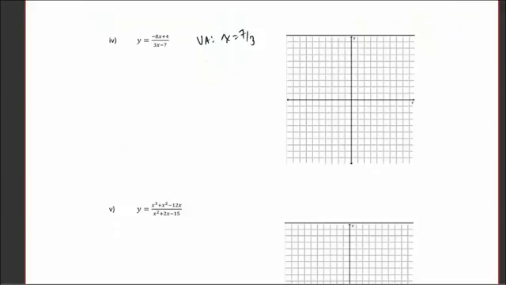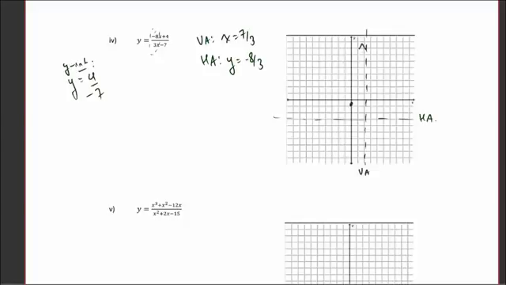Alright, this is one where the degrees are the same. So we look at the ratio for the horizontal asymptote, the ratio of leading coefficients. Vertical asymptote we just found from setting the denominator to 0. And once again, we will find the y-intercept, make x 0, you end up with 4/7. And there's our x-intercept. Turns out to be 1/2.